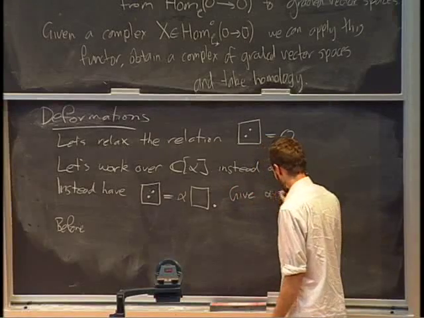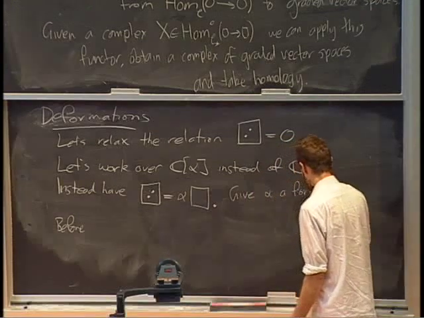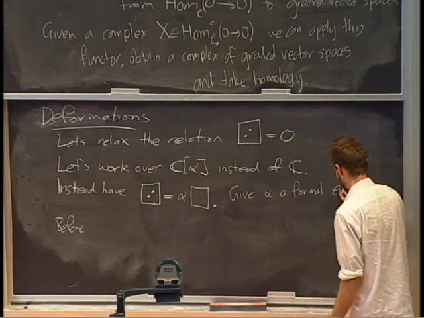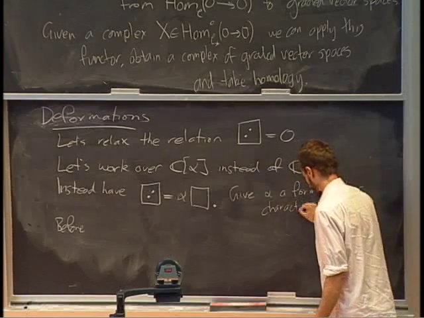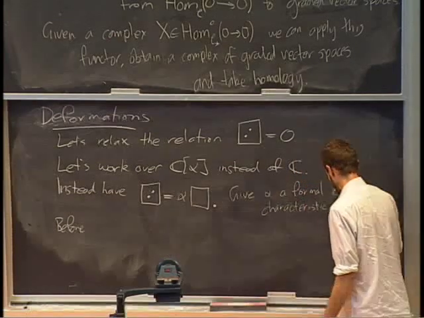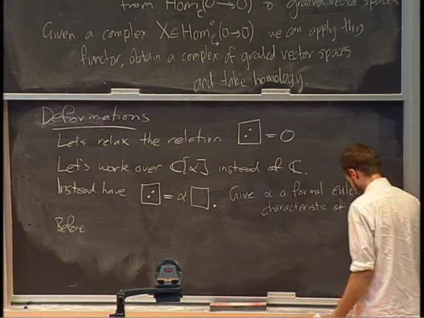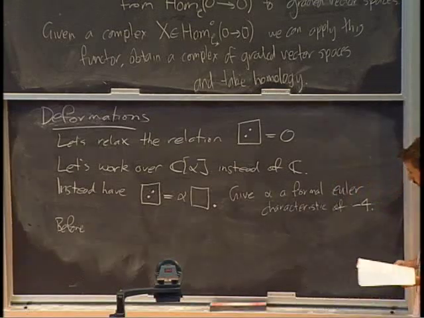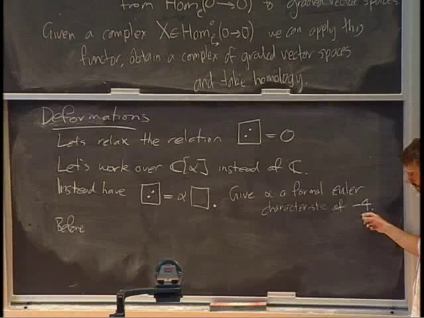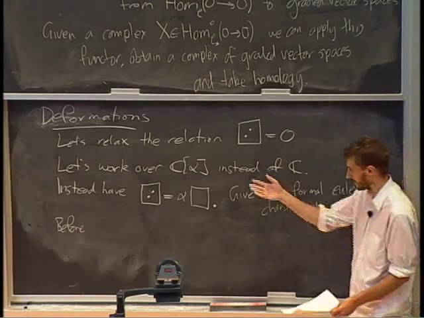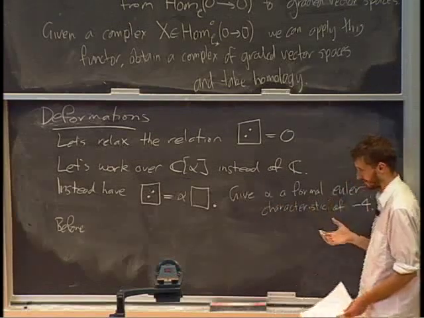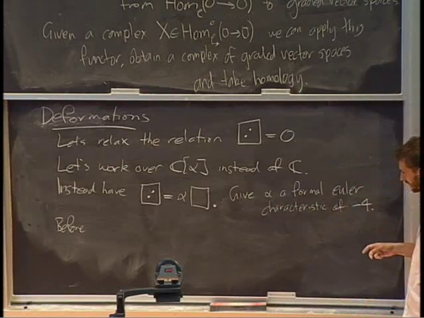we have to give alpha a formal Euler characteristic of -4. That just means if you see some multiple of a surface, and that multiple includes alphas, you count the surface as if it had lower Euler characteristic than it really does.